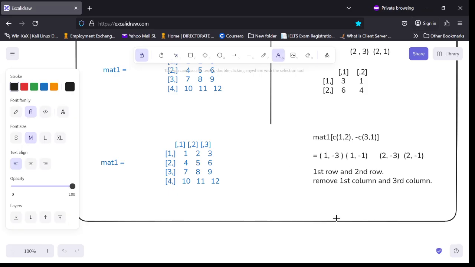For this case, the output is a vector, a vector of 2 5.